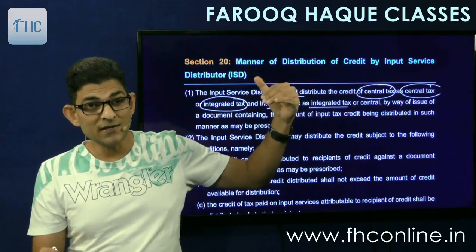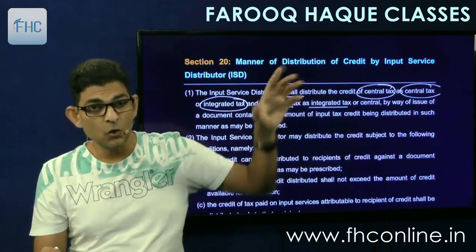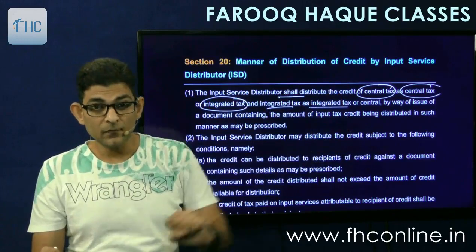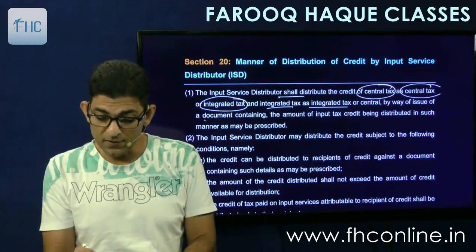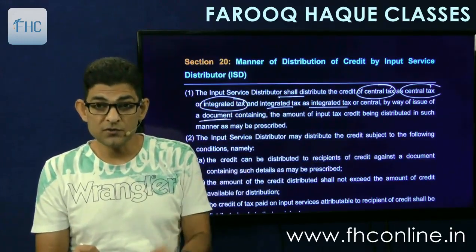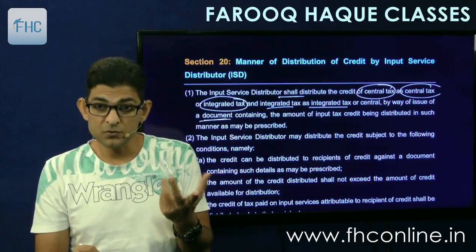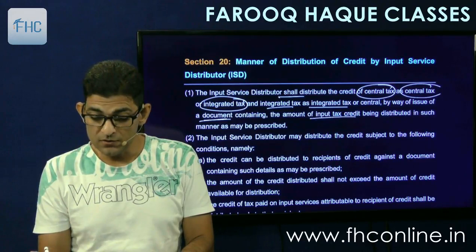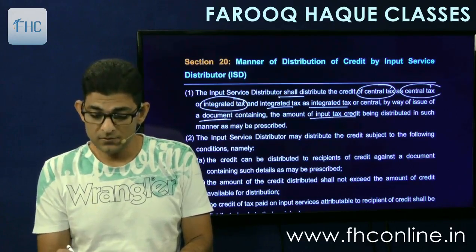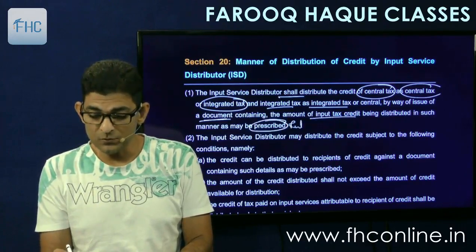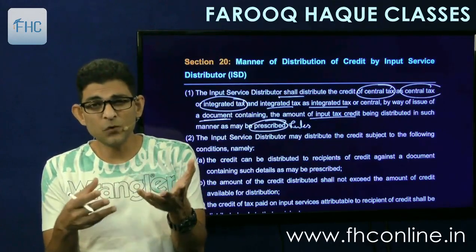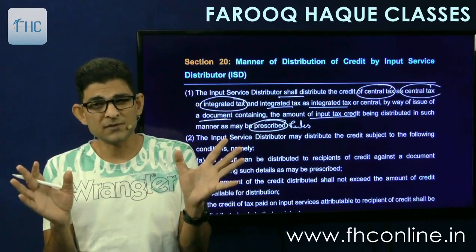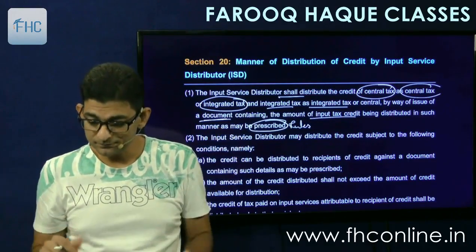So IG credit can be distributed further as IG or as CT. By way of issue of a document, means the invoice of input service distributor, containing the amount of input tax credit being distributed in such manner as may be prescribed. So as may be prescribed means again as per the rule. So the contents of the invoice will be as per the rules, prescribed contents.